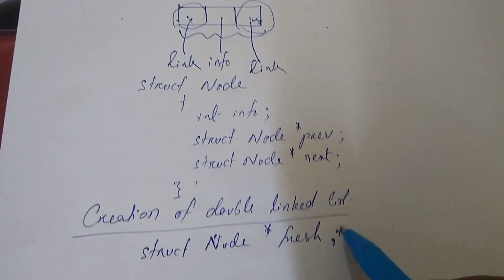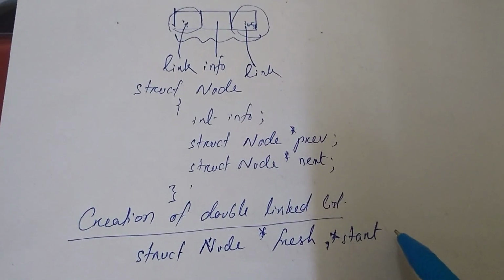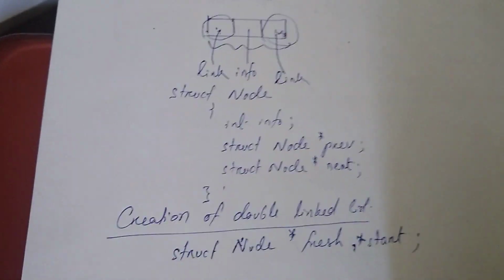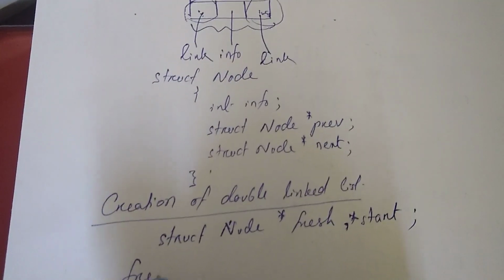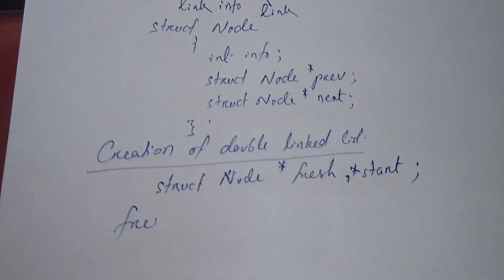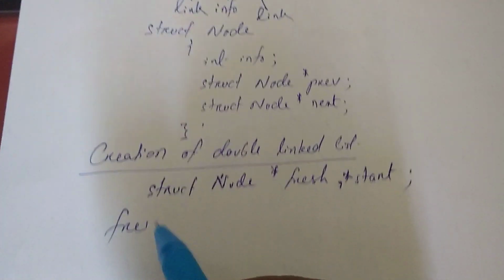Another is start, the starting pointer which holds the address of the start node. I am writing only for the creation, and I am not checking how many nodes are there in the double linked list, though you can check that also.